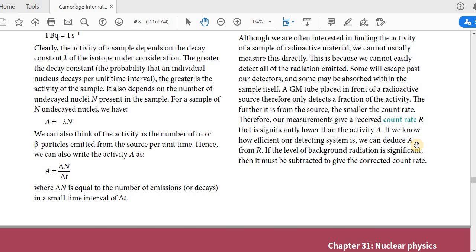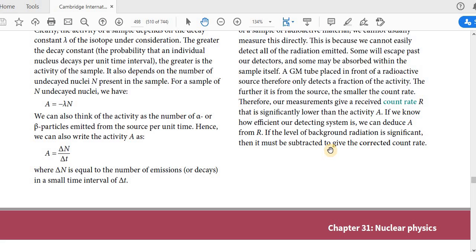A is the activity. So the activity is higher than the count rate, because when it comes to the count rate, only a certain amount of radiation is detected from the total radiation emitted. If the level of background radiation is significant, then it must be subtracted to give the corrected count rate.